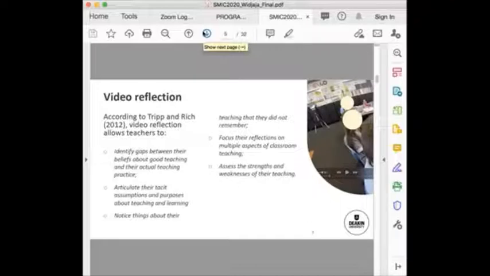It allows teachers to also look at different aspects of the classroom teaching and assess the strengths and weaknesses of their teaching. Obviously, video as a medium or a catalyst doesn't capture the whole thing, and what we don't capture in the video also tells something about the teaching as well.